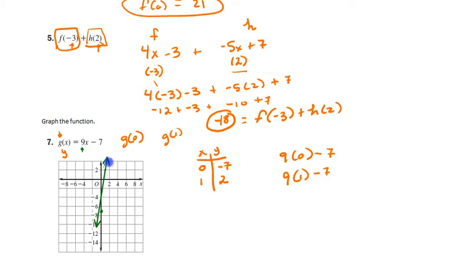And then I'm going to draw my line. So now I've graphed this function. It's just like you were doing with y equals 9x minus 7, except now you're naming the function as g.